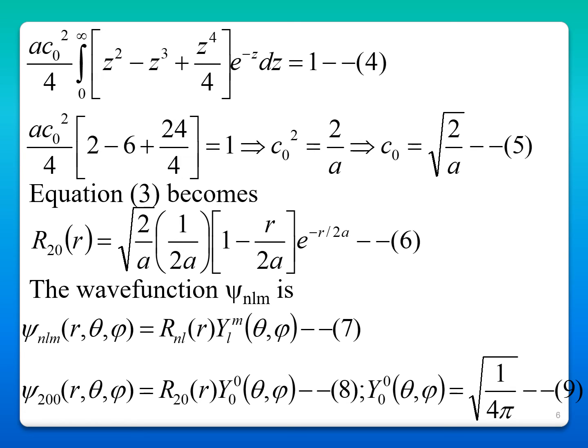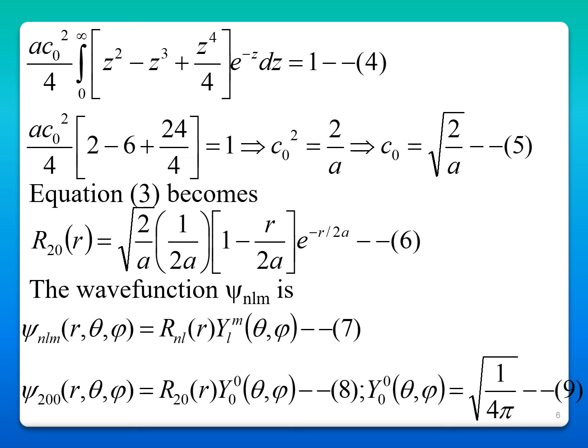Now we have to find out the wave function. The wave function psi nlm of r, theta and phi is equal to R nl of r times Y lm of theta and phi. So here we have to find out 200, that is n equal to 2, l equal to 0 and m equal to 0. So it is R20 of r and Y00 of theta and phi.